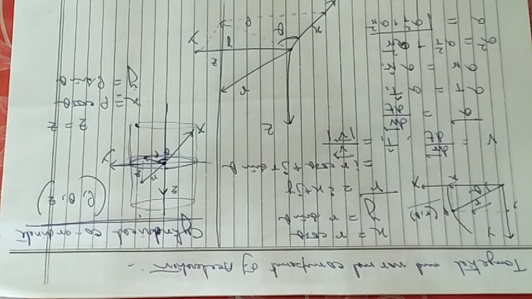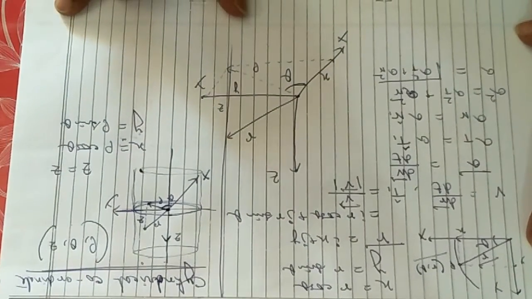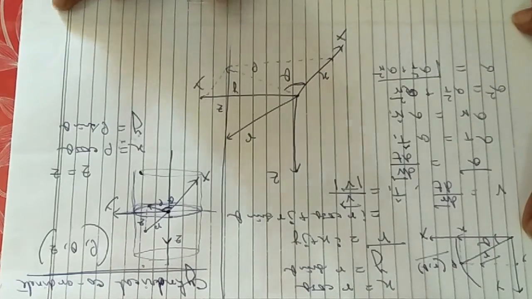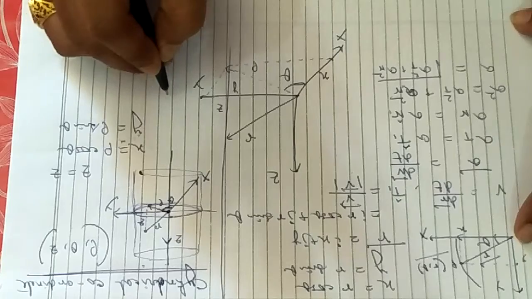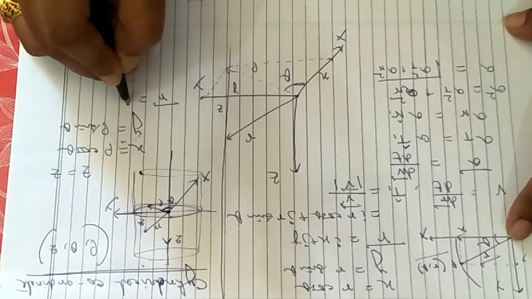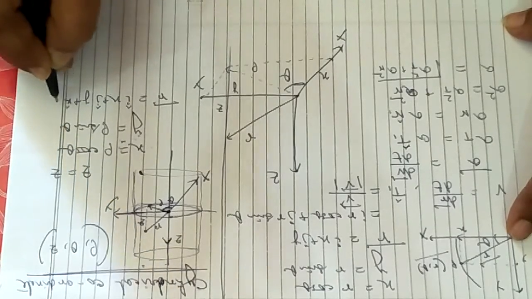Now the problem is solved. So whatever you are going to do now, you have to deal with these three new variables. These three new variables are rho, theta and z. So if you consider, the vector r will be equal to i cap into x plus j cap into y plus k cap into z.